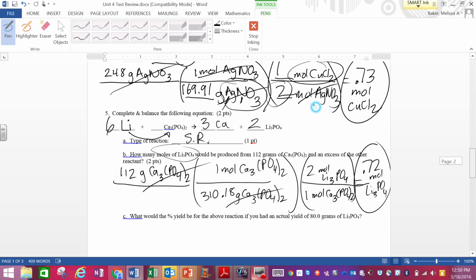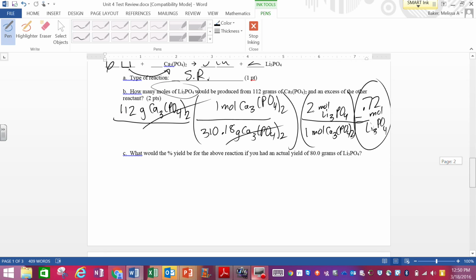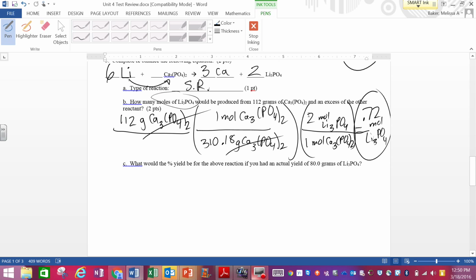What would the percent yield be, it says, if you actually got 80 grams? Well, we don't know the theoretical yield yet. So 0.72 moles of Li3PO4 multiplied by its molar mass will tell us what the theoretical yield is in grams.